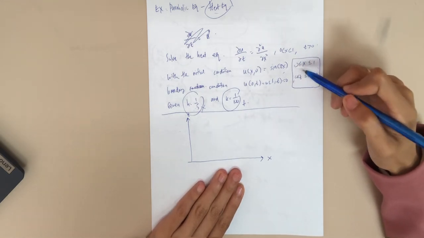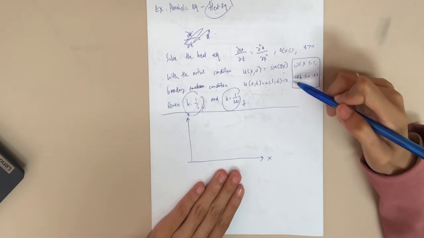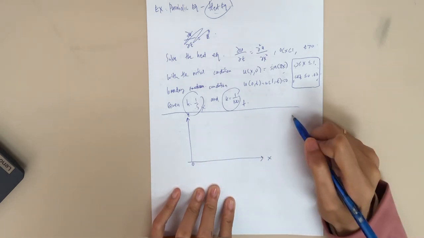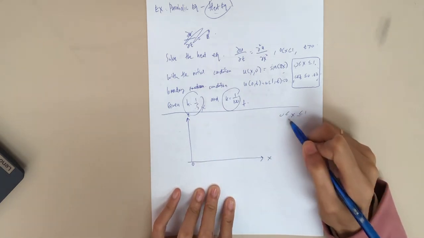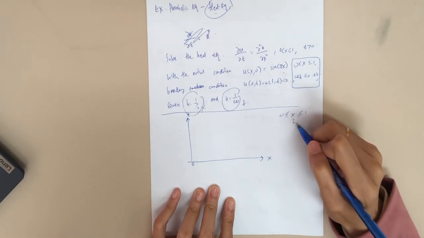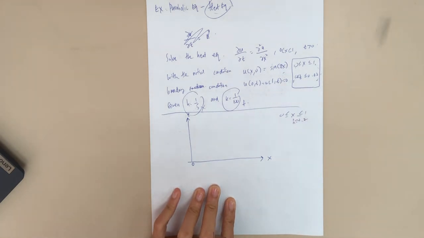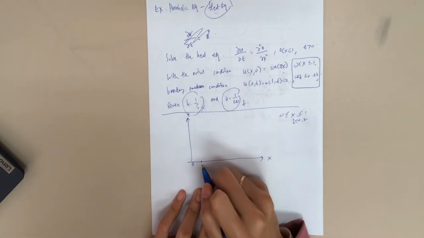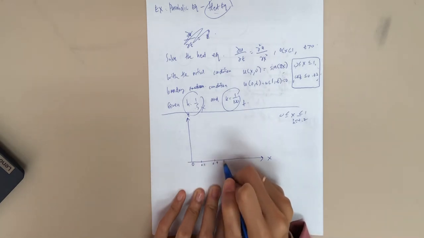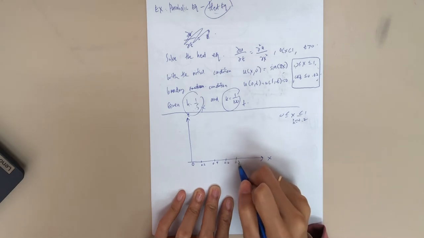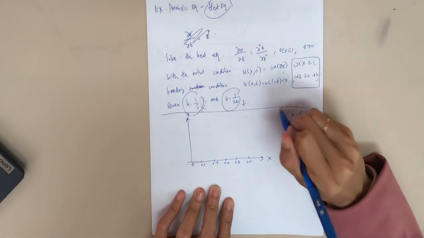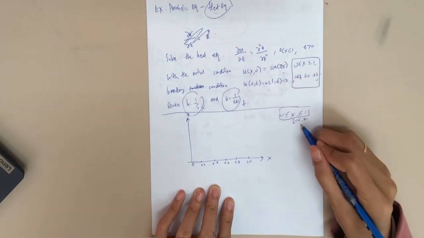Your x is from 0 until 1, and your t is from 0 until 0.02. We do x first. Your x is from 0 until 1 and your step size is 0.2. So from 0, the next point is 0.2, then 0.4, 0.6, 0.8 until 1.0. Then we stop, because the interval here is from 0 until 1 with step size 0.2.